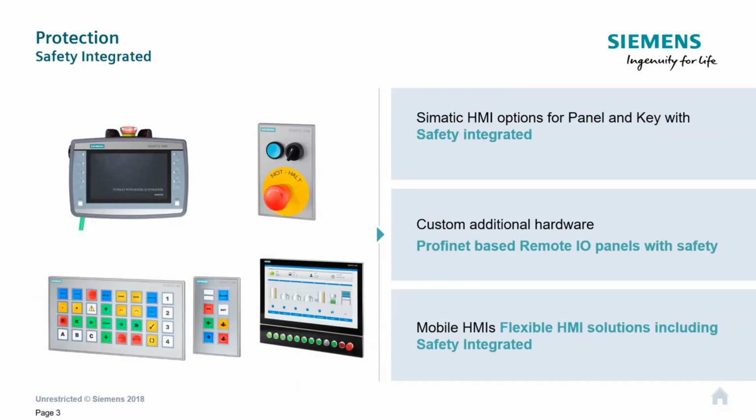So just moving on, really talking about some of the other great features that we have built into our panels. And one of the really key things for me in particular is the safety integrated option. Now here we've got things like the membrane keypads, the KP8 and the KP32s.